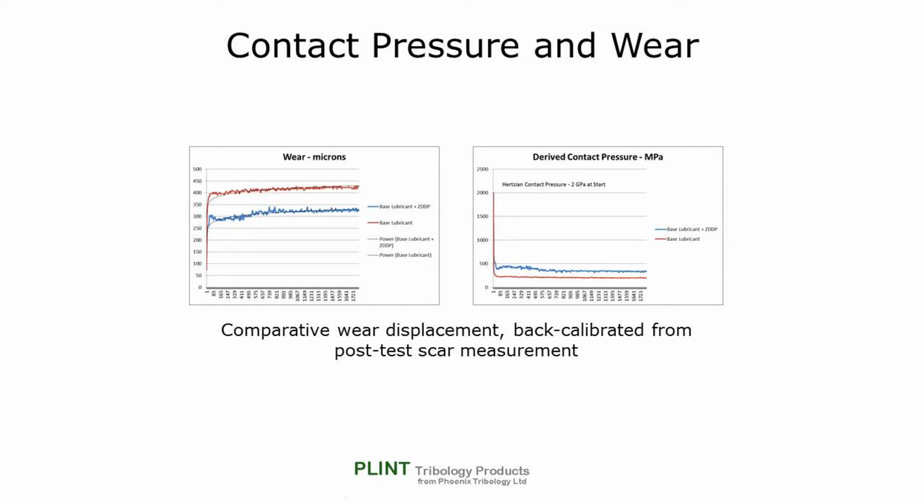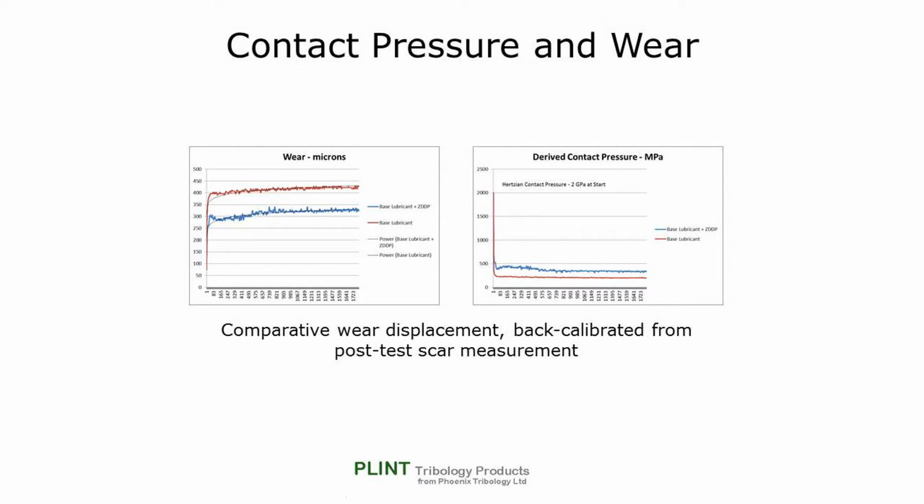Having discussed the nominal contact pressure at the start of a ball on flat test, how does this progress with wear? The difference in wear scar width is more or less established within the first few minutes of the test.